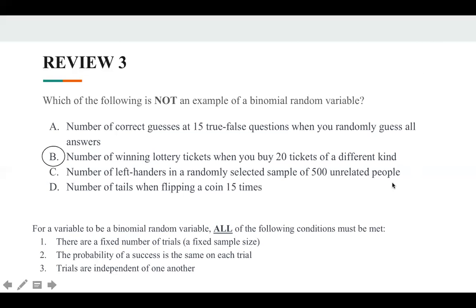Whether you win one lottery ticket doesn't affect the other one, but since they're different tickets, there's a different probability of success for each ticket. So that will be different. So if you bought tickets of all the same kind, then this would be a binomial random variable, but since they're different tickets, they're not.